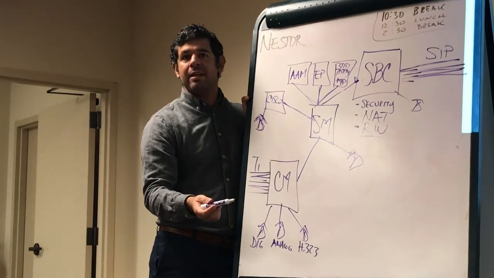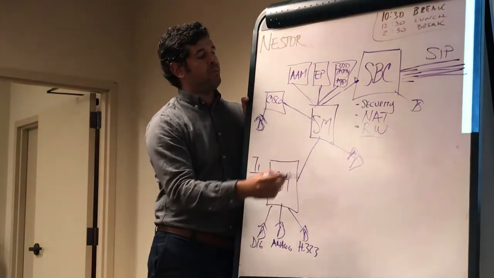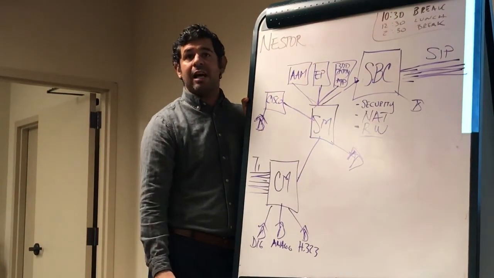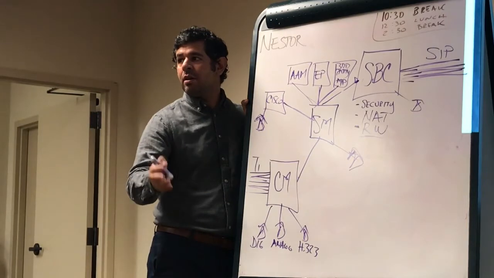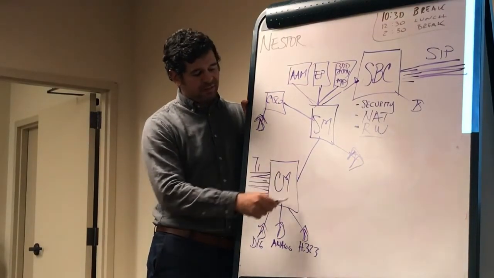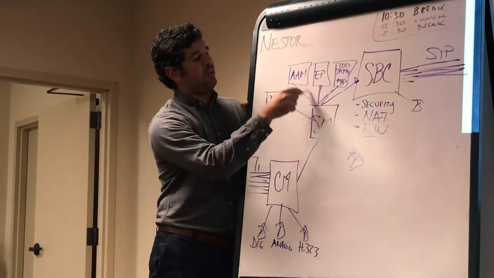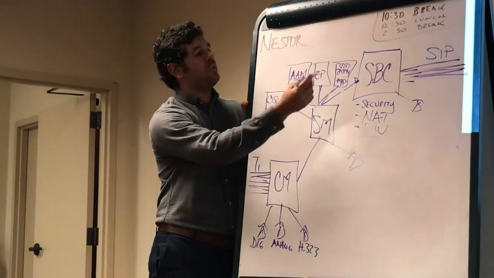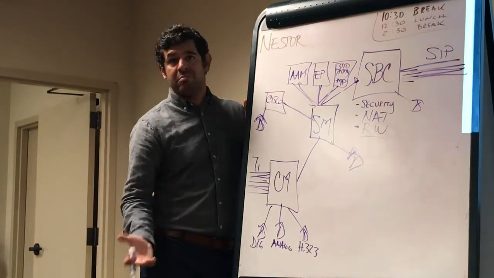But it'll have basic functionality: as a SIP phone, you'll be able to place a call and receive a call. You won't have the Avaya CM features, but maybe you have features here, and you're able to provide those features maybe through Avaya Breeze or through a third-party feature set.